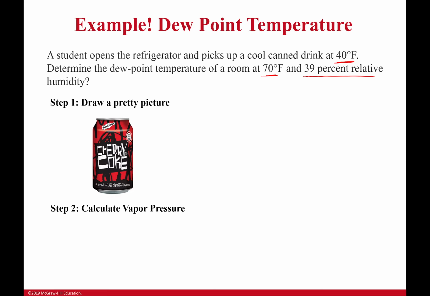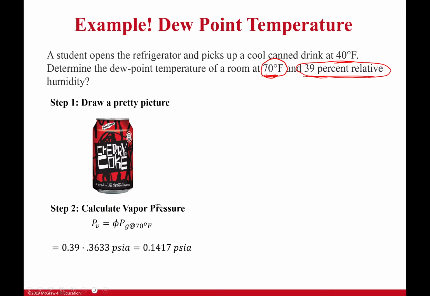Okay, now let's calculate our vapor pressure. So we have the temperature of the air in the room. We also have its relative humidity. These are the two things we're going to need. So first, we're going to use that temperature to find out what is my saturation pressure at 70 degrees Fahrenheit. It's a nice round number. You should be able to find it in the tables really easily.